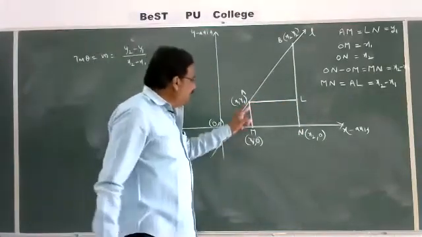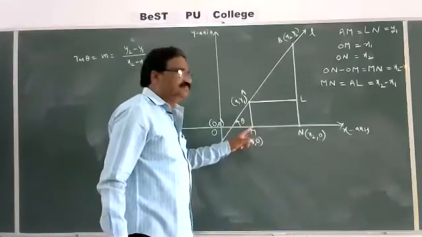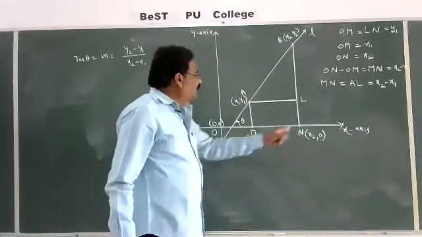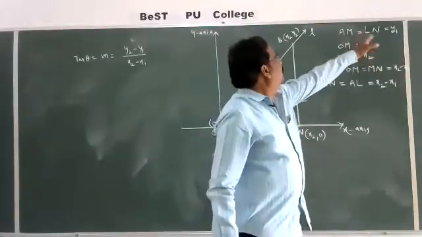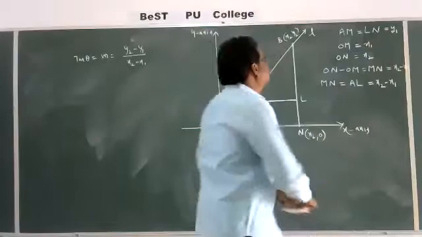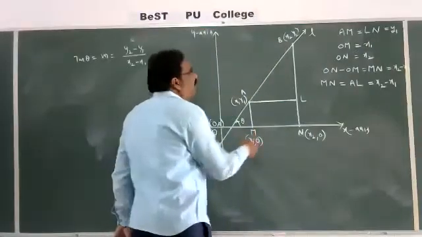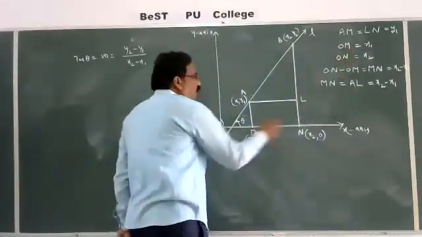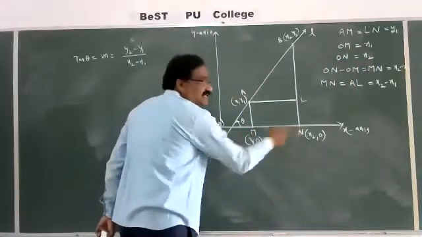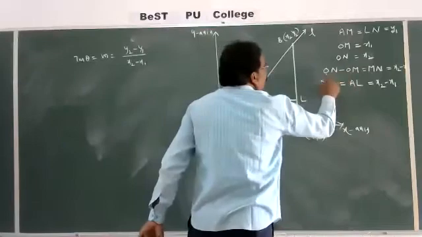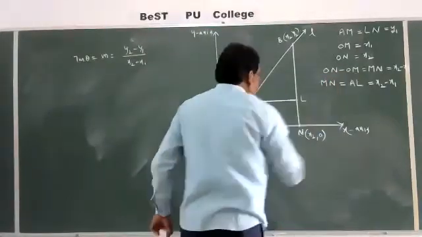This AM length is Y1. So this length is also Y1. Next, OM length is X1. ON length is X2. So we require MN length. MN is equal to ON minus OM.